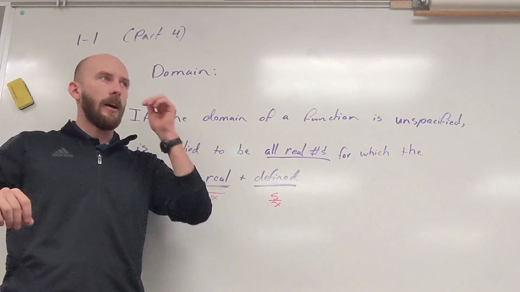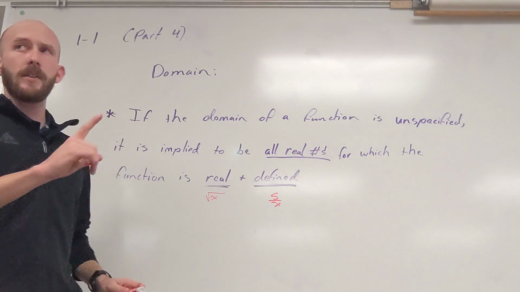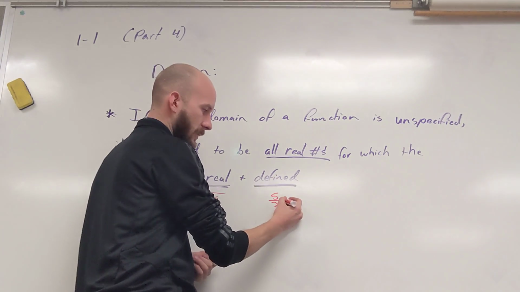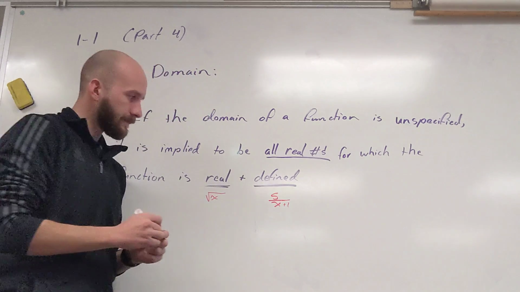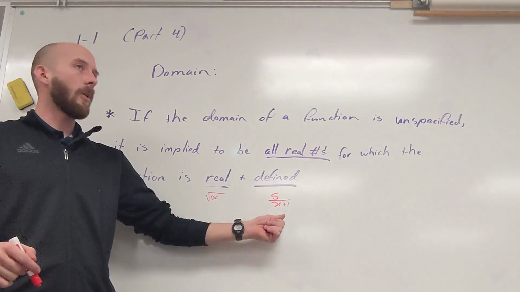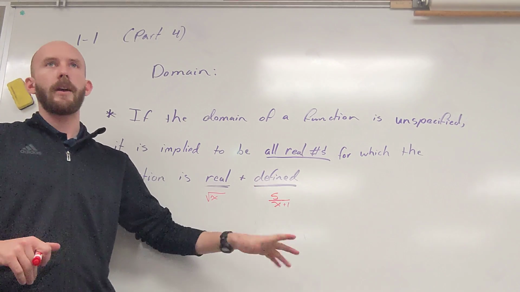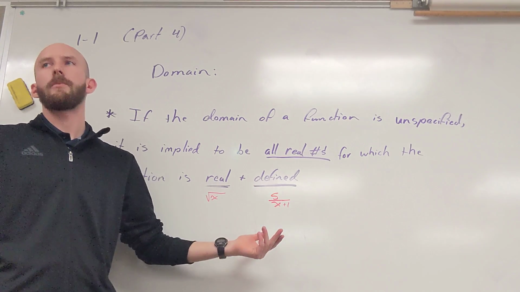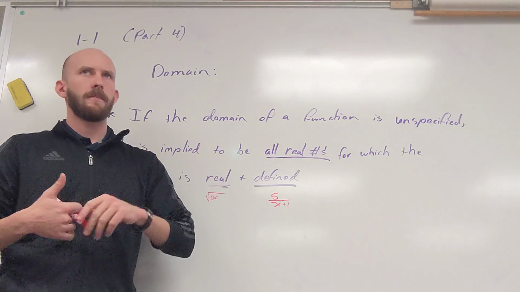Now, it's not always going to be 0 just because you have a variable in the denominator. If it was x plus 1, I would have all real numbers except for negative 1, right? 0 plus 1 doesn't cause a problem anymore.